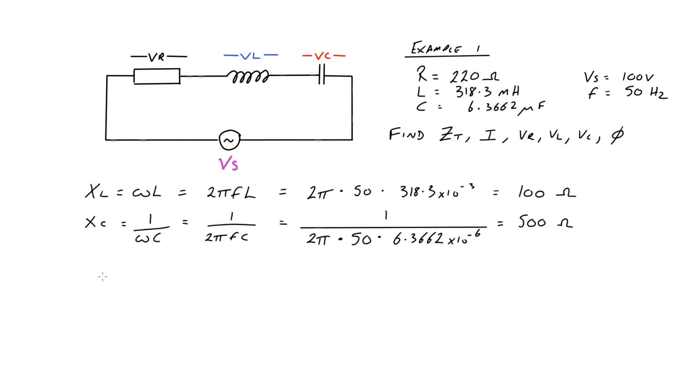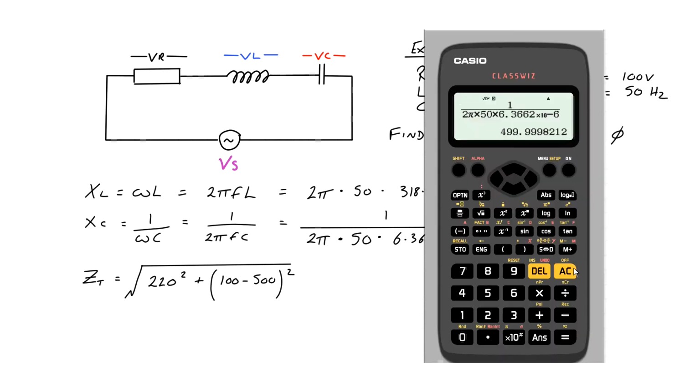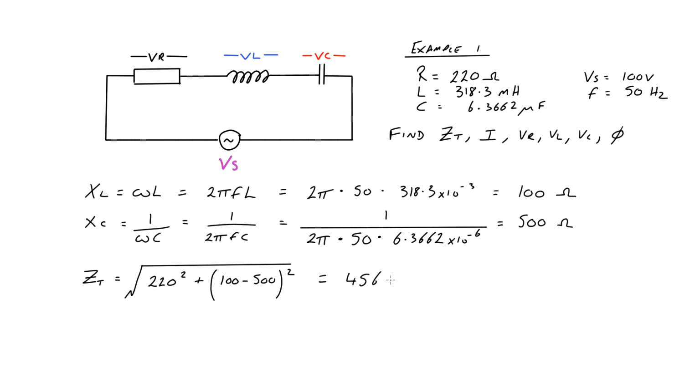Now that we know those, we can find the impedance. Z is the square root of the resistance squared added to the difference of the reactances all squared. And that comes out as 456.508 ohms. So that's the impedance to the current flow in this circuit at 50 Hz.